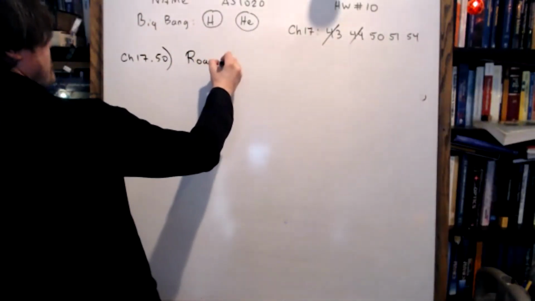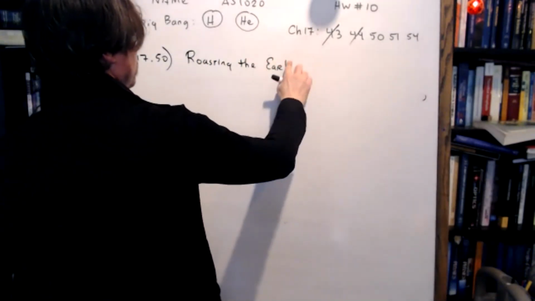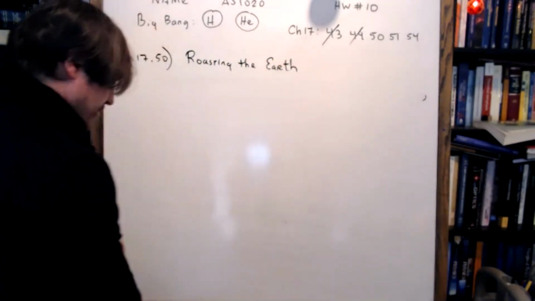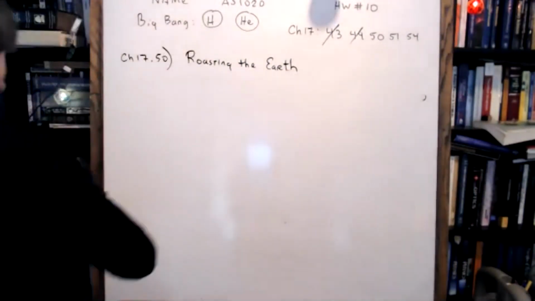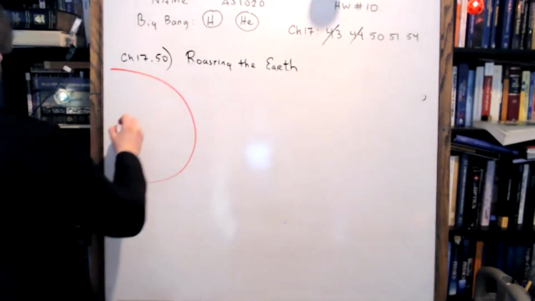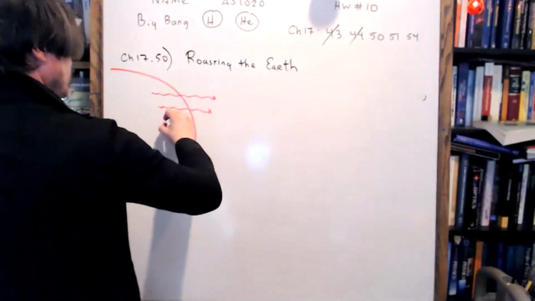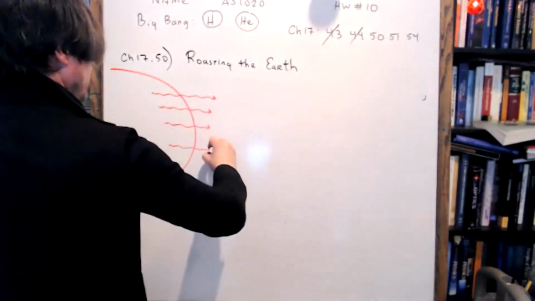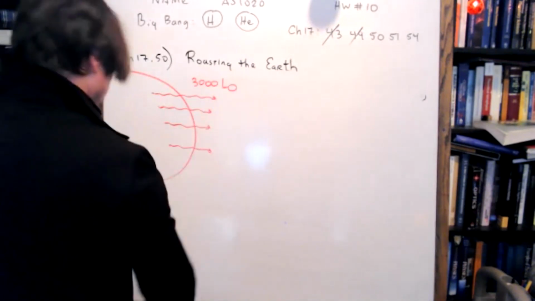During its final days as a red giant, the sun will reach a peak luminosity of about 3,000 solar luminosities. Earth will therefore absorb about 3,000 times as much solar energy as it does now.